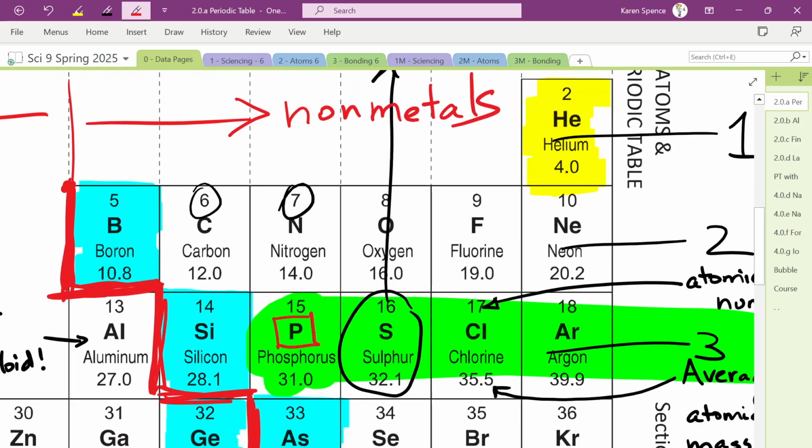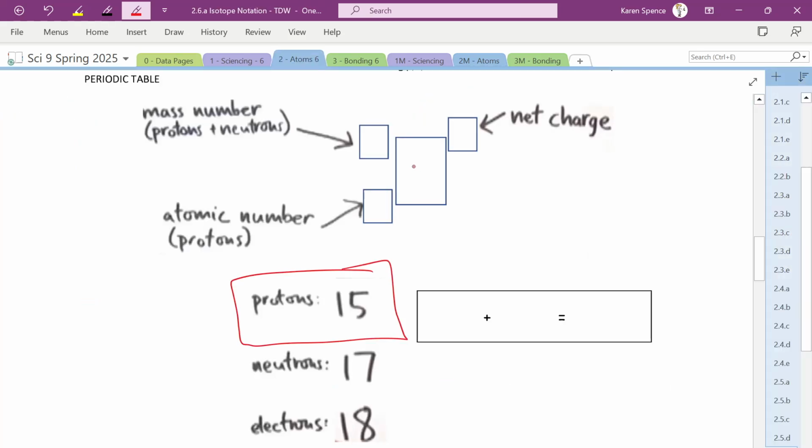So let's write down a P. And our mass number is equal to the protons plus the neutrons. So that's going to be 15 plus 17, and that gives us 32.